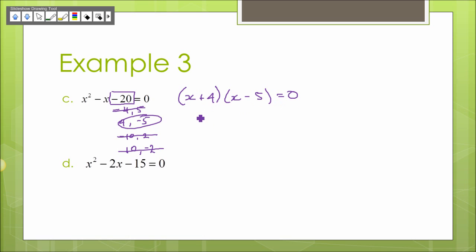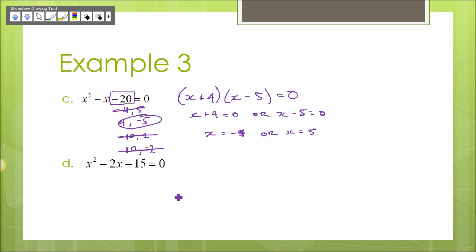And solving it, that gives us x plus 4 equals 0 or x minus 5 equals 0. Implying that x must be either minus 4 or x must be 5.